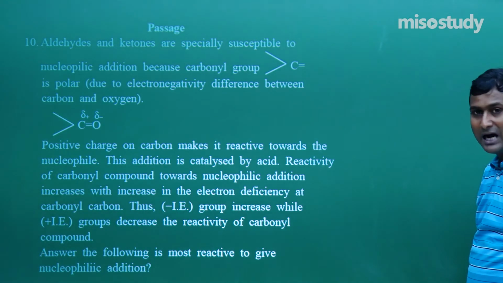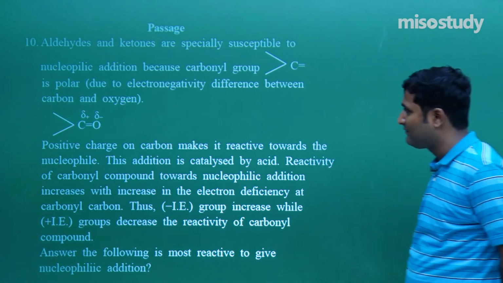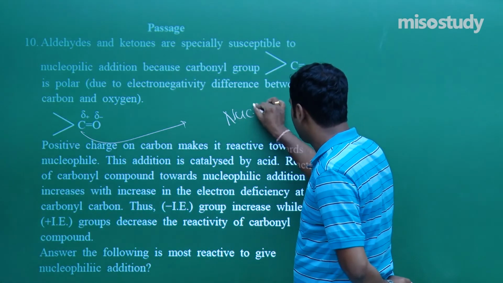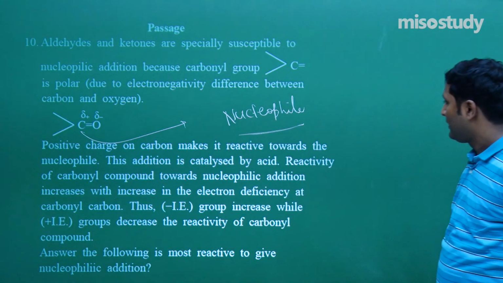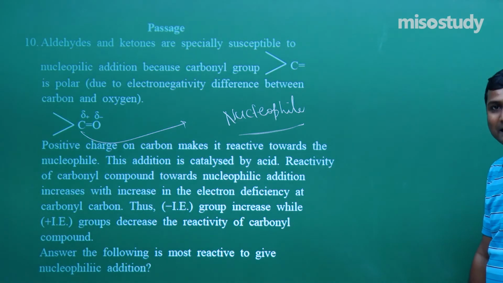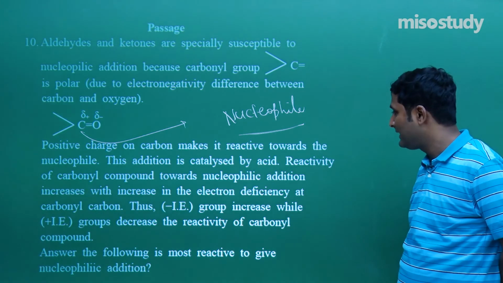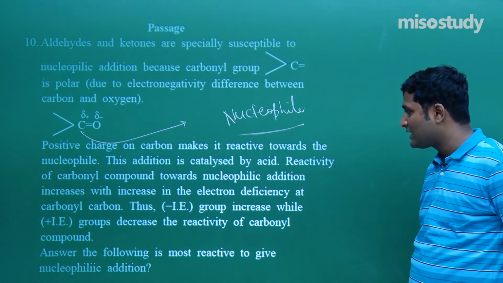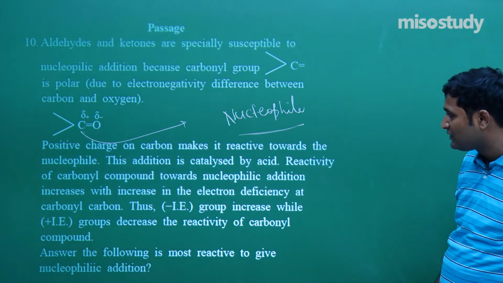Positive charge on carbon makes it reactive towards the nucleophile. Definitely the attack of the nucleophile will take place. This addition is catalyzed by acid. Definitely the reactivity of carbonyl compounds towards nucleophilic addition reaction increases with increase in the electron deficiency.